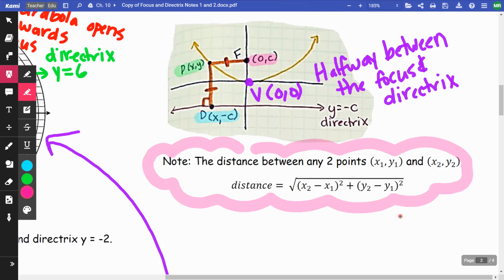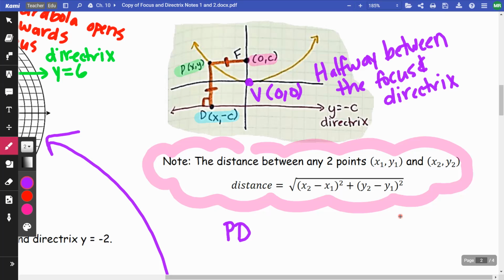It doesn't matter which one I do minus which one, because when I square it, whether it was positive or negative, it's going to become positive. So by definition, the distance from P to D, and when I write PD without a line segment drawn, I'm talking about the measure of that line segment, the length of PD has to be the same as the length of PF. So PD has to equal PF. That's by definition of a parabola.